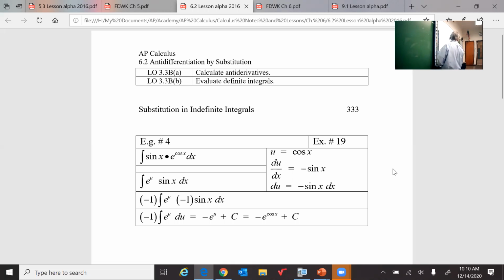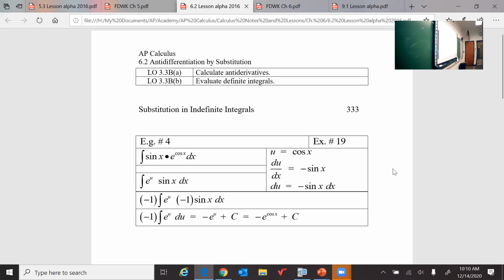So you would get -1 times the antiderivative of e to the mu d mu. You have this. Negative e to the mu, because its derivative is itself. Negative e to the mu plus the constant. And rewrite that as negative e to the cosine x plus the constant. Okay? So that's your model.